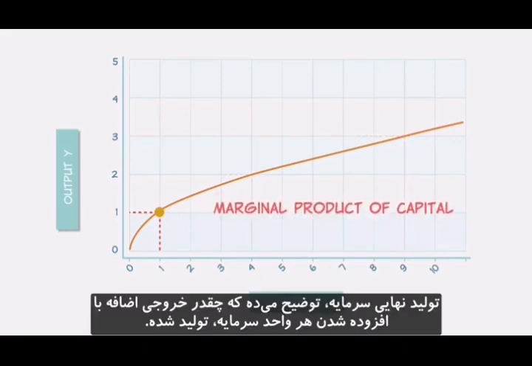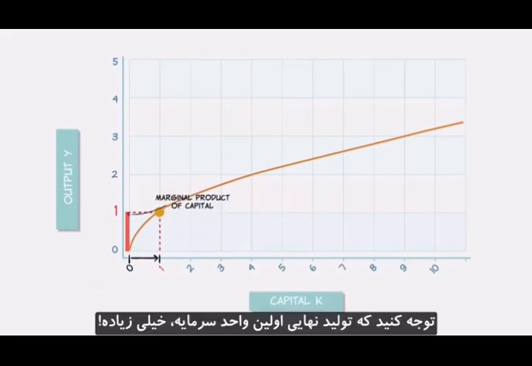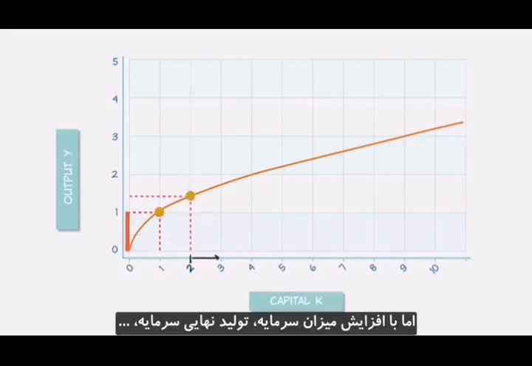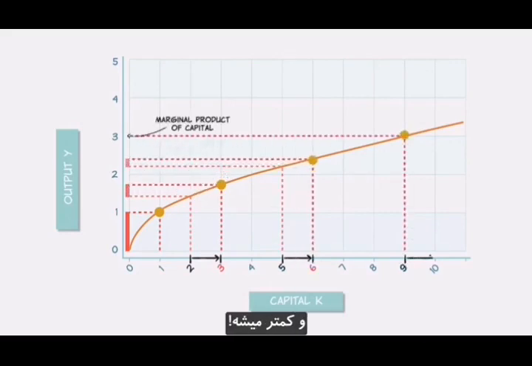The marginal product of capital describes how much additional output is produced with each additional unit of capital. Notice that the marginal product of the first unit of capital is really high. But as the capital stock grows, the marginal product of capital is less and less and less.